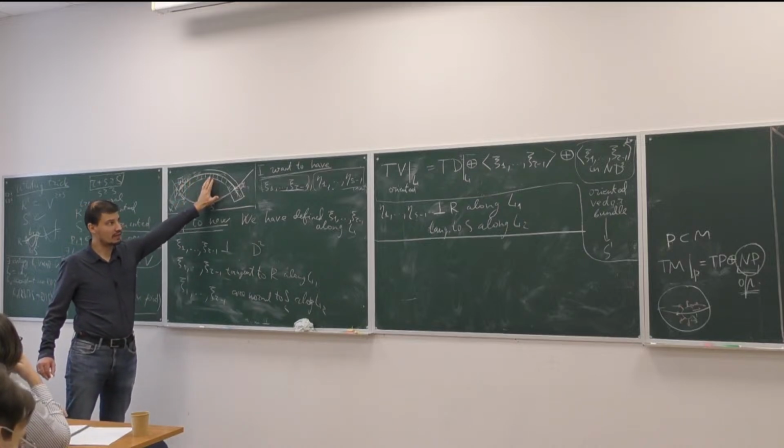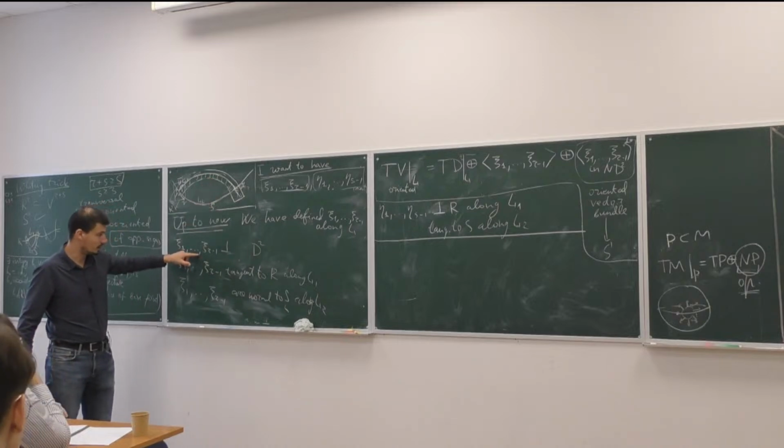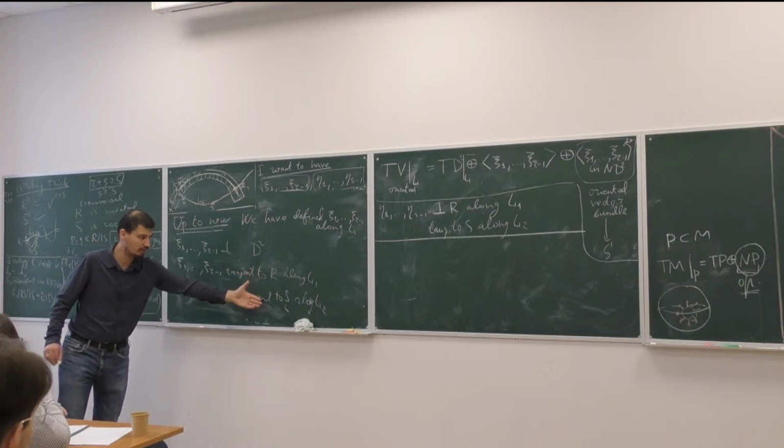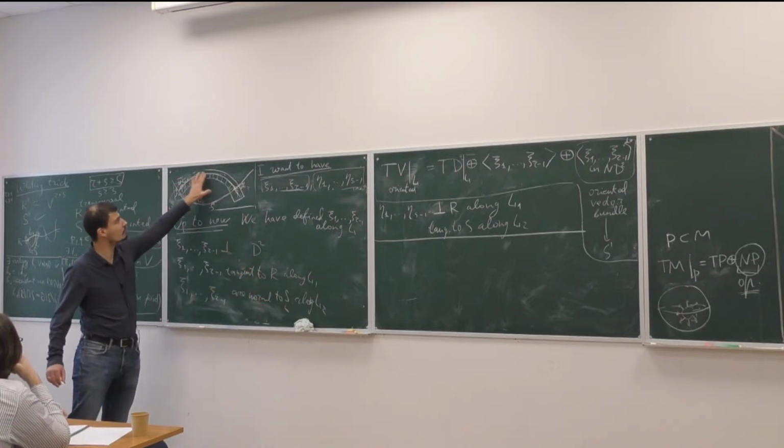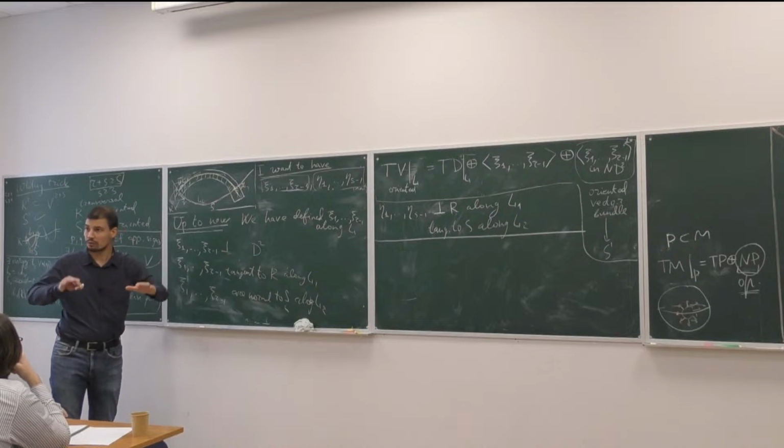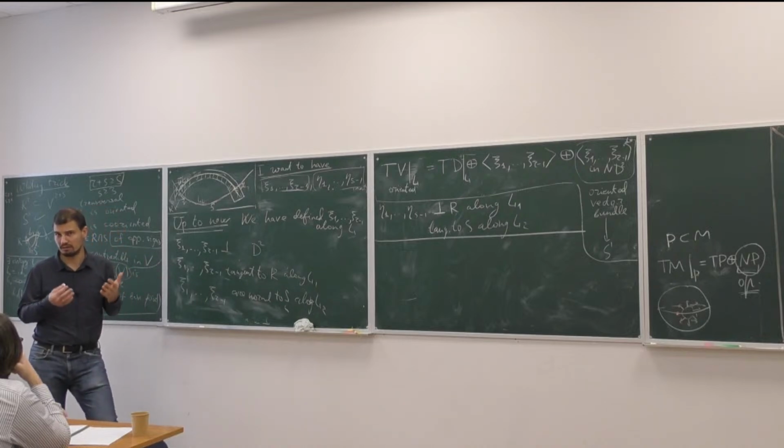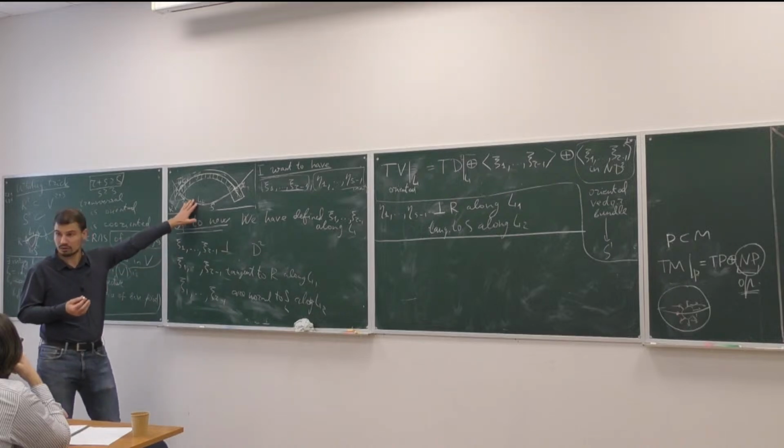We do not have any further restrictions on these vectors. We want them to be tangent to the submanifold or normal to the submanifold only on the boundary. Inside, we can have any frames, but we want them to be orthogonal frames, just orthogonal to the disk.